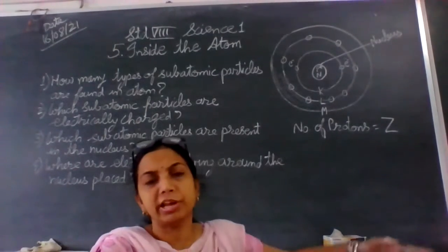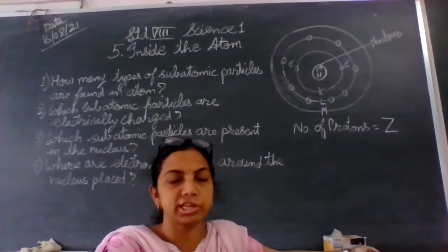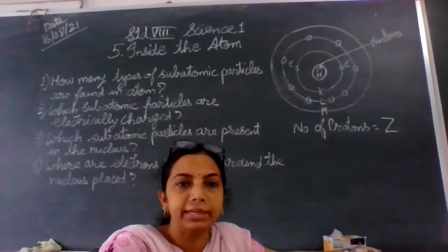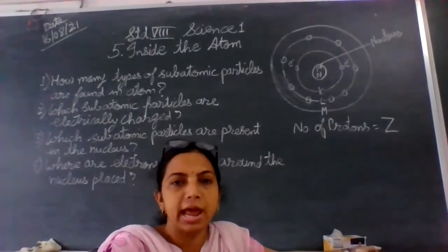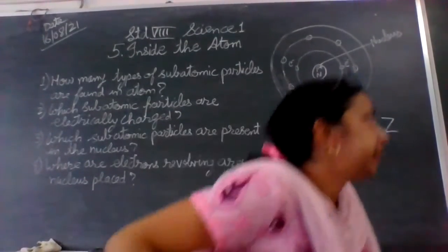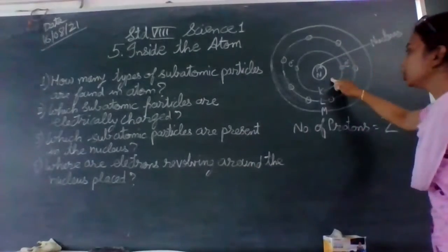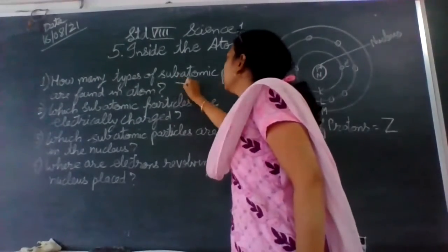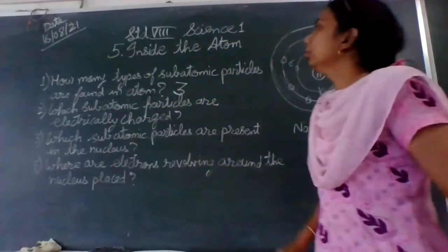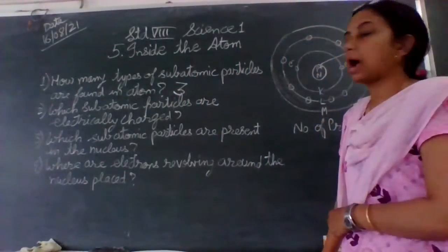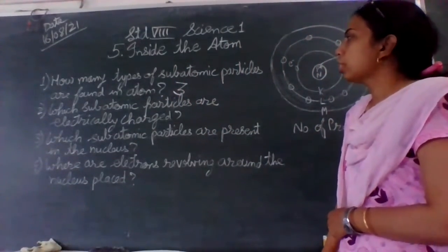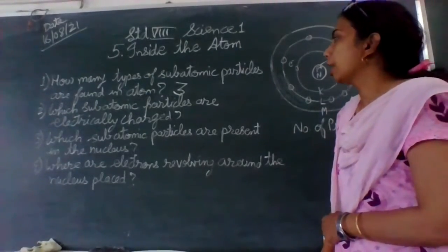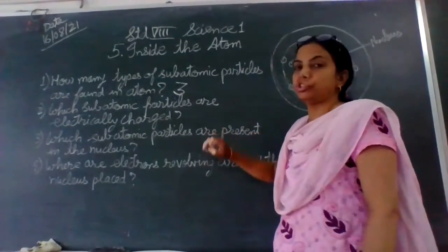Then we can very simply answer the questions given on the board. How many types of subatomic particles are found in an atom? Obviously, there are protons, neutrons, and electrons. Therefore, there are three subatomic particles in an atom. Now, which subatomic particles are electrically charged?